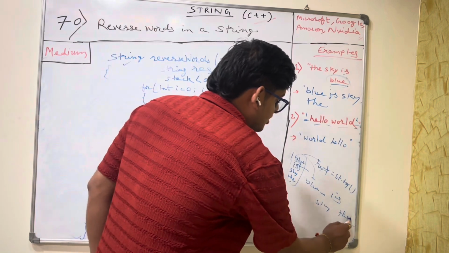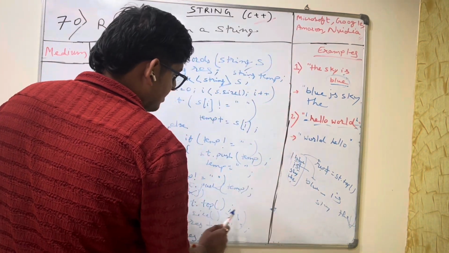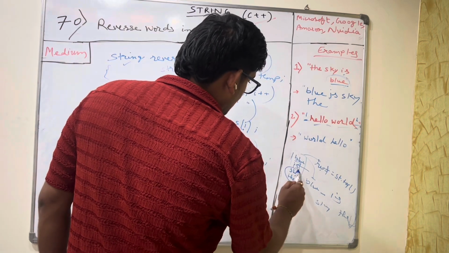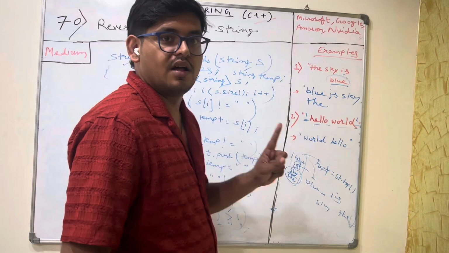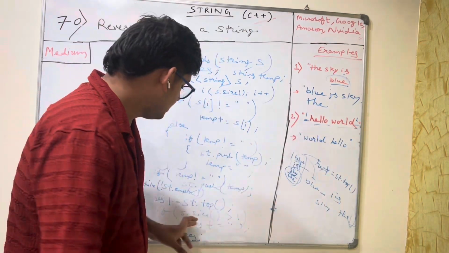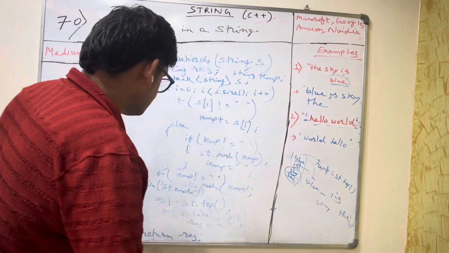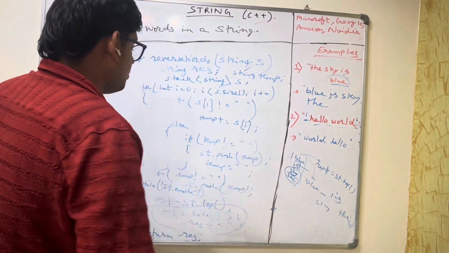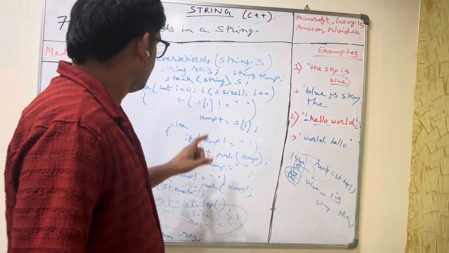We don't want this extra space. So that's why we need to check if the stack size is greater than 1, that means 2 are there, then we'll have one space. If the size of the stack is 1, the last word after reversing, we don't want space after that. That's why we need to add this condition. So this kind of edge cases you need to think, okay, and you need to add this.